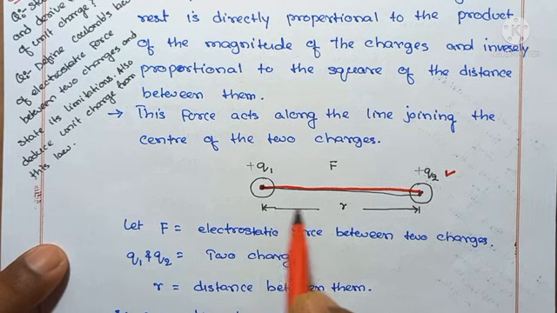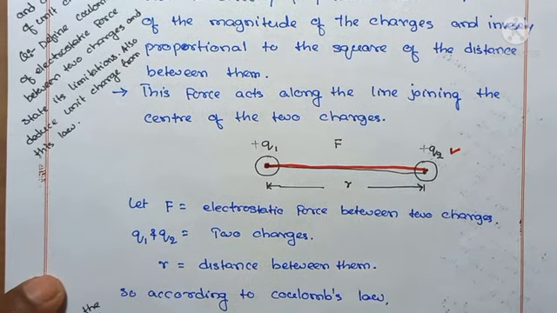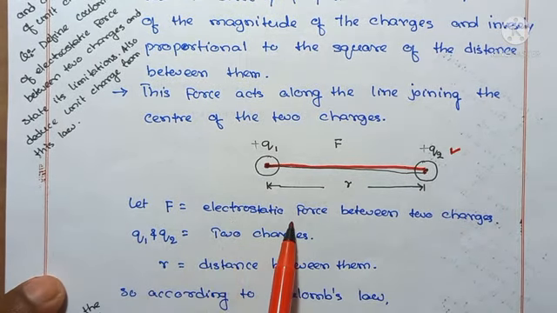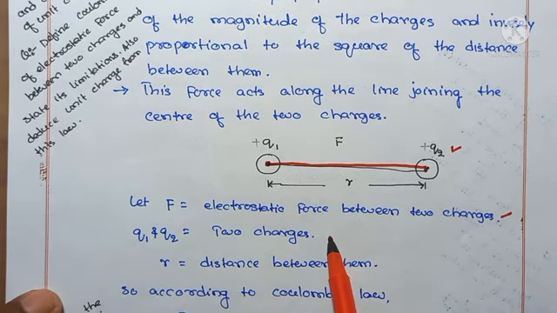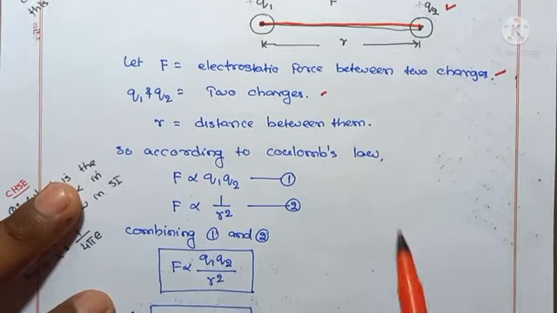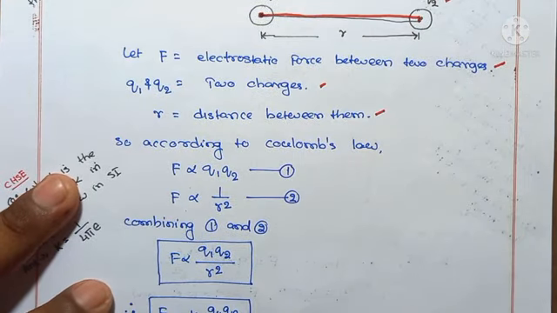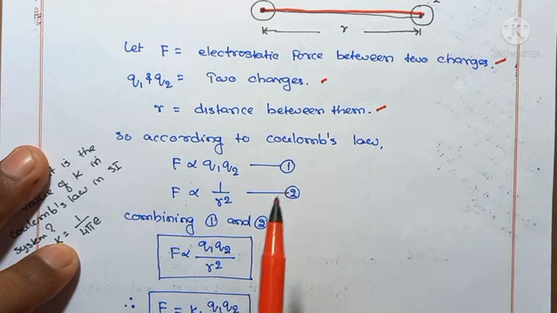So the distance between the two charges is r. Let F be the force of attraction or repulsion between the charges, and Q1 and Q2 are the two charges. The distance between them is r. According to Coulomb's law, the force is directly proportional to the product of the two charges.